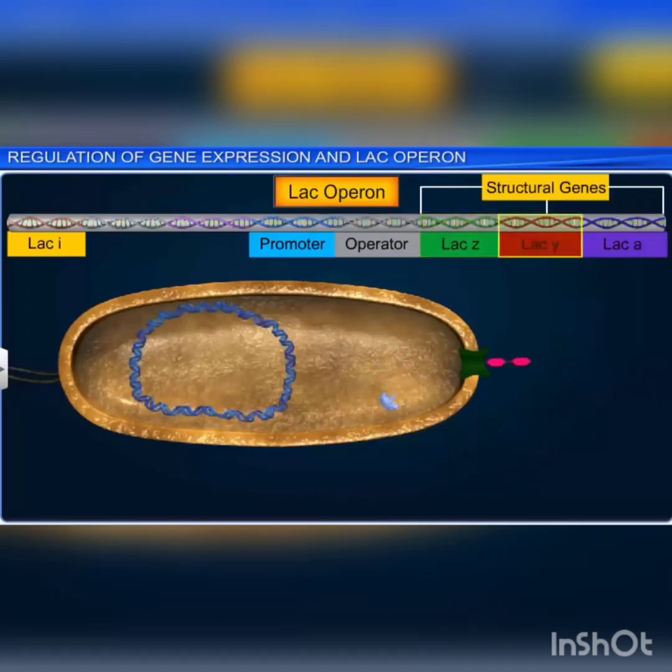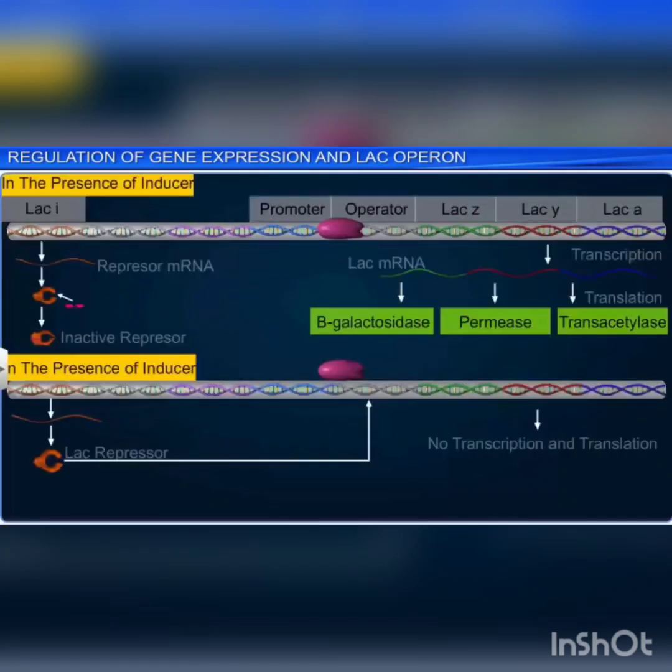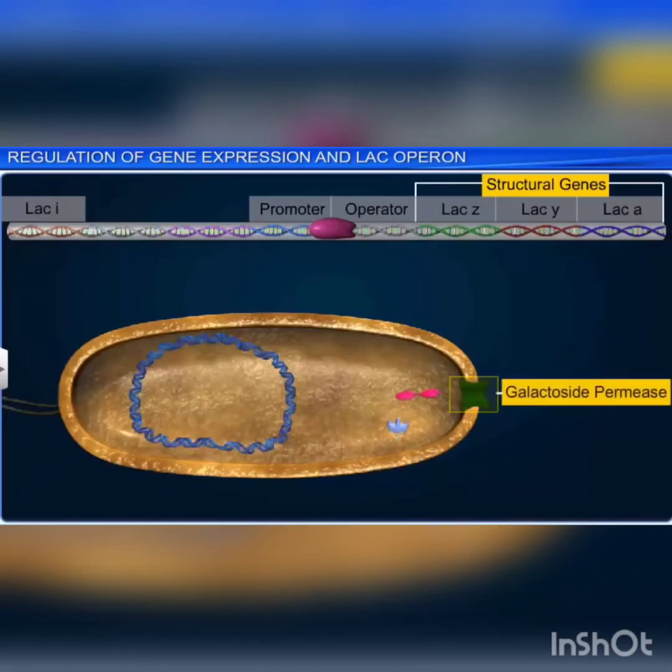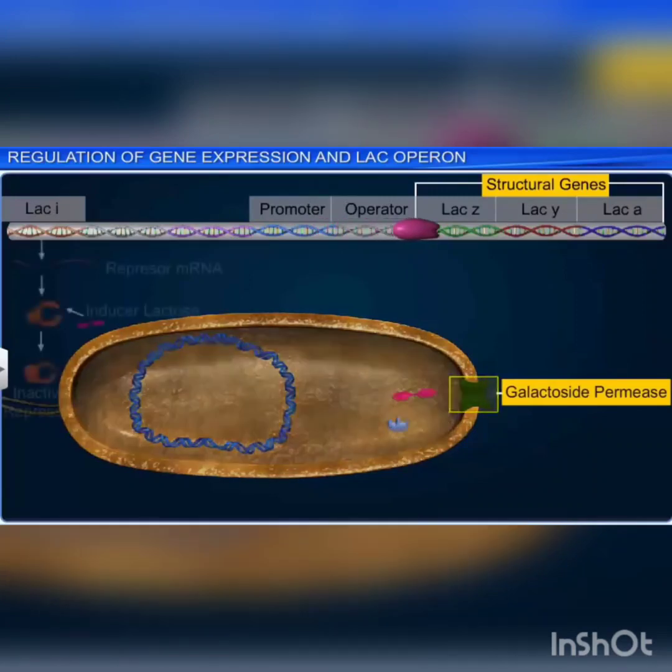The lac-Y gene codes for permease, which increases the permeability of the cell to lactose, while the lac-A gene codes for trans-acetylase, whose function is unknown. The switching on and off of the operon is controlled by lactose, which is hence the inducer. Since lactose needs a small amount of permease enzyme to enter the cell, a very low-level expression of the lac operon is continuously required.